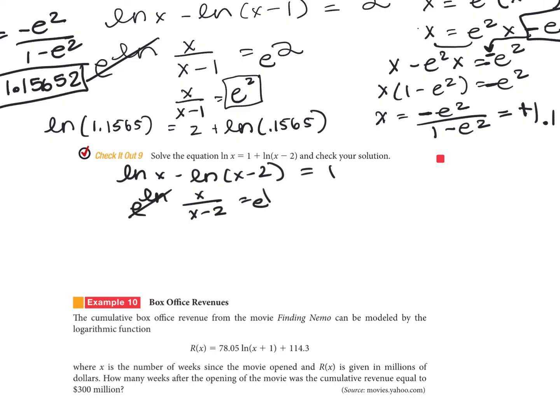E to the 1 is just e. So you're gonna have x over x minus 2 equals e. Multiply both sides by x minus 2. Distribute. Factor out an x, or move the x's all to one side.